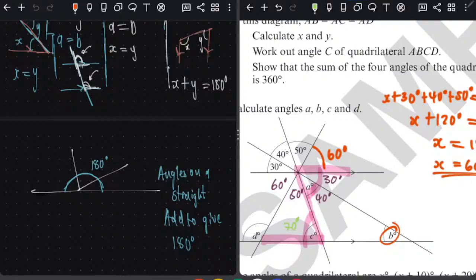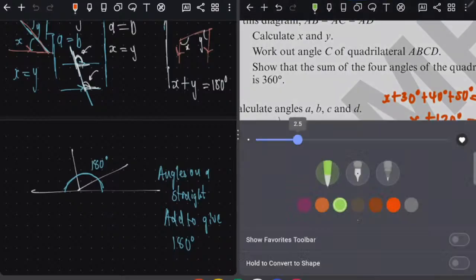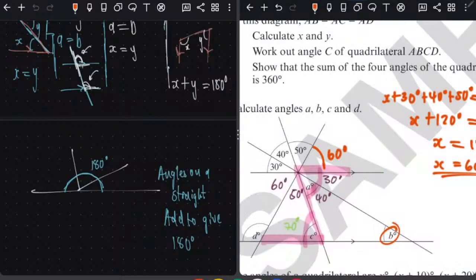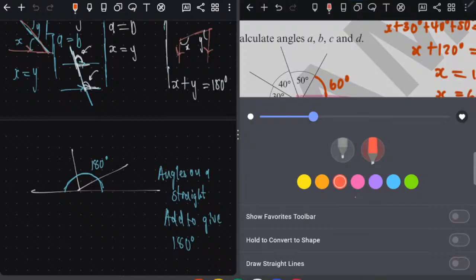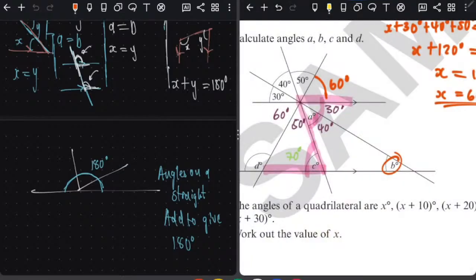Now I just keep going. Now I see this one in red. Look at this one, class. We now know this is 70, so we can remove. I want you to see this one in yellow.